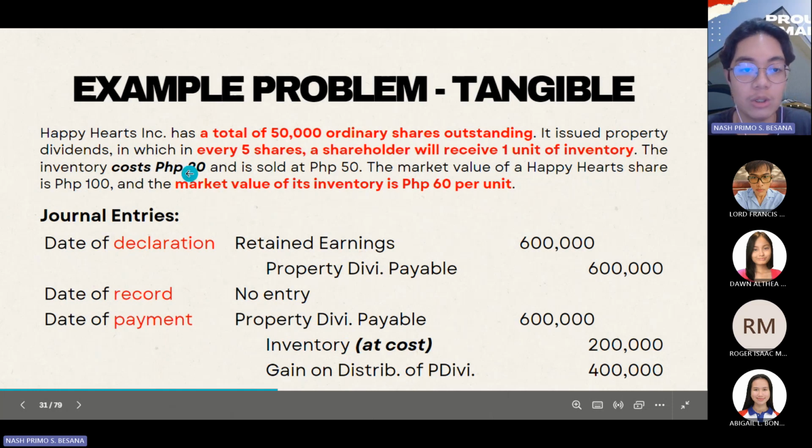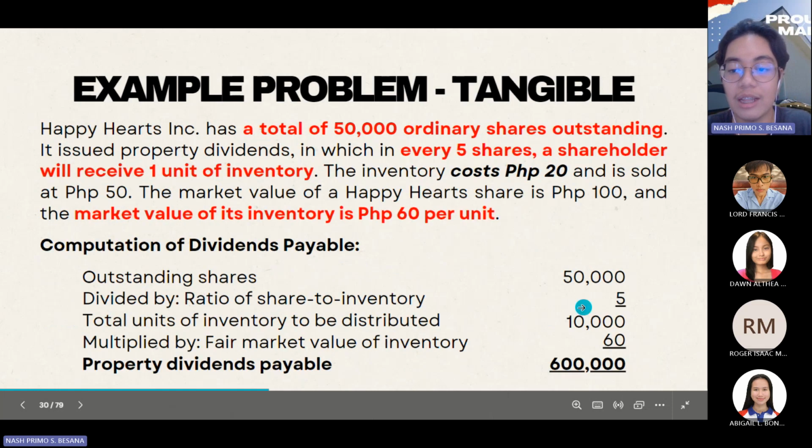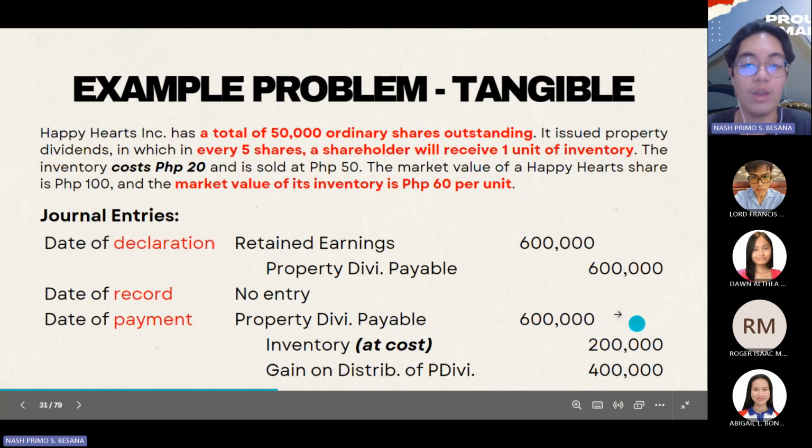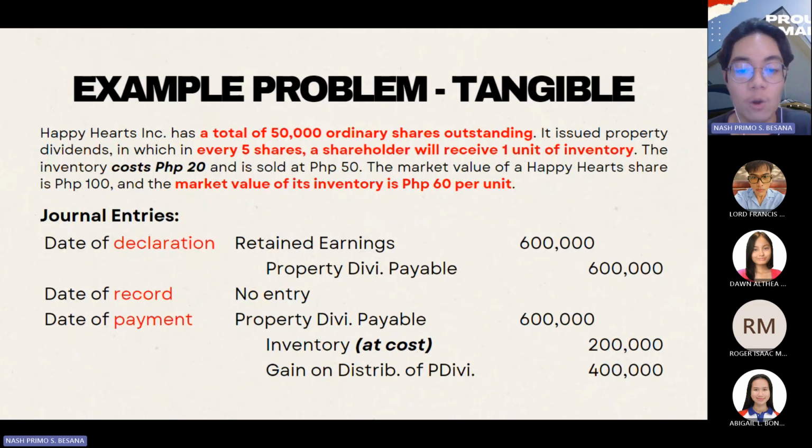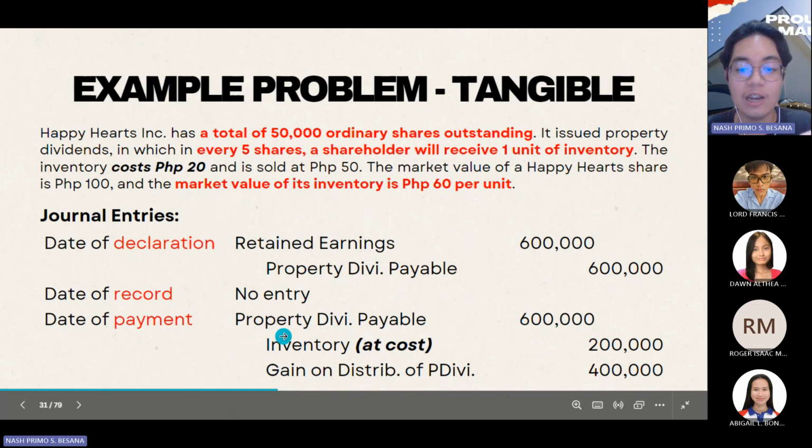So 20 pesos na cost times yung 10,000 na i-distribute, we have 200,000 pesos. Pero hindi siya balance. 600,000 daw yung liability na kinlose mo, tas 200,000 lang yung inventory na kinlose mo. So to balance it all out, we would recognize a gain on distribution of property dividends na 400,000 pesos.